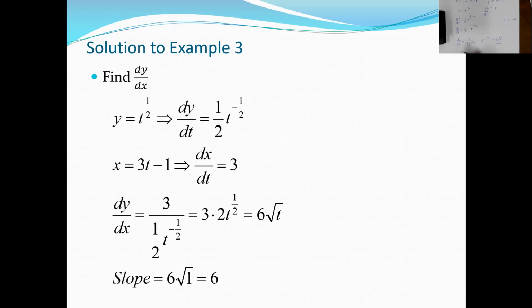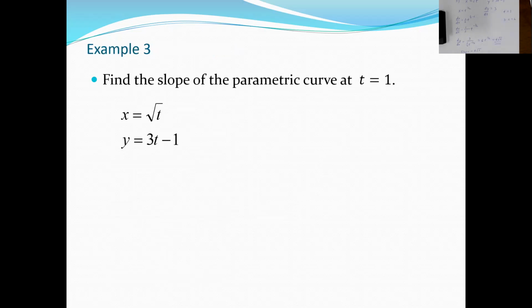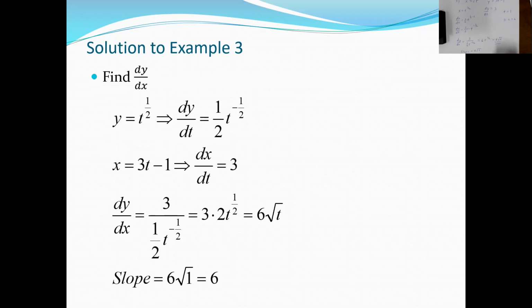And then my slope would be 6 times the square root of t. If you go back to the original problem, it says that it's at t equals 1. So if I plug in 1, the square root of 1 is 1. And my curve has a slope of 6 at that point, at that parameter value t equals 1.